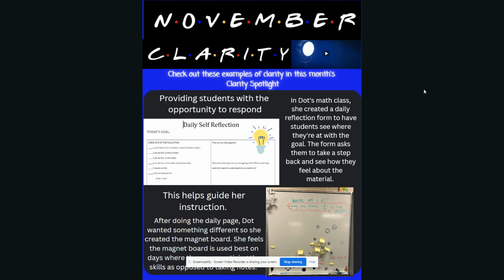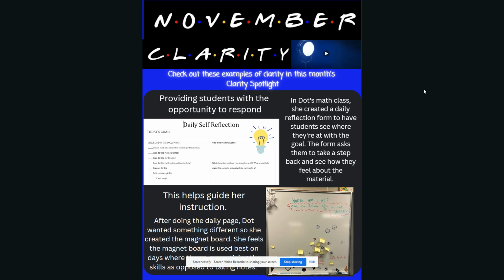She realized that the daily self reflection forms are really best utilized on a day where she has the students take notes on a new learning goal or intention and some success criteria that they may not have had before. She then created a magnet board, as you see on the bottom right.